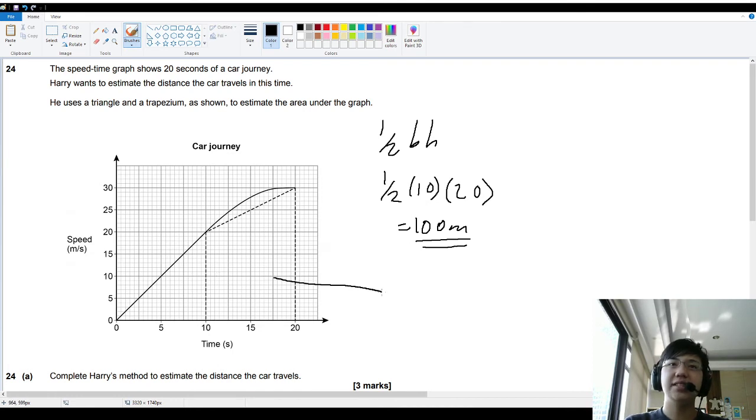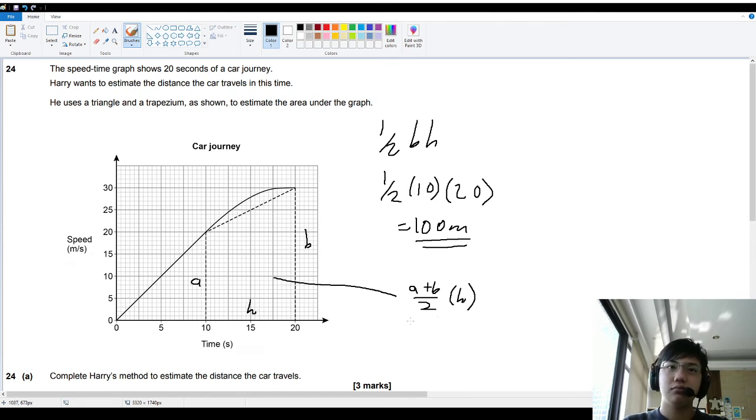While for the trapezium, the area of a trapezium is defined by side A, side B. Actually, it's A plus B over 2 times height. And height is here, of course.